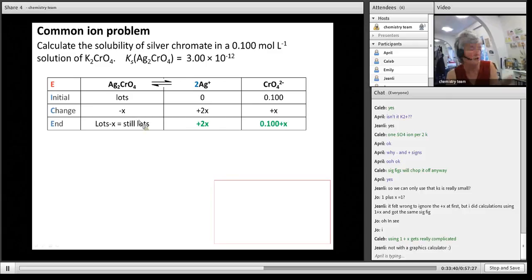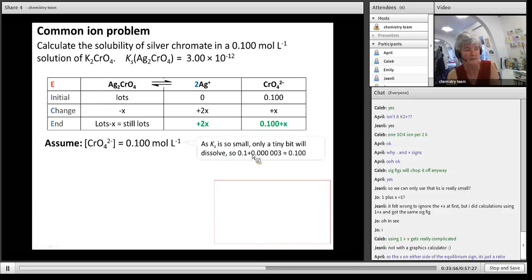So if x is dissolved, I'm going to get 2x there and x of that. So at the end, when it's reached equilibrium again, I've still got lots of undissolved silver chromate. Okay, I've got 2x of silver ions, and I've got 0.1 of the chromate because I can make this assumption.